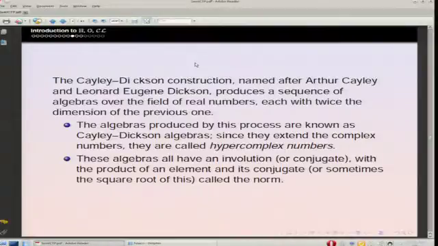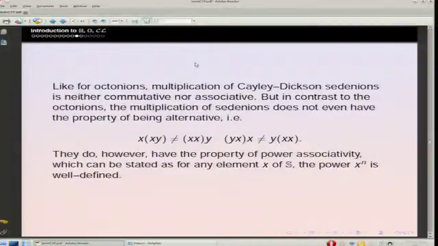They all have the notion of conjugation and norm, which we already introduced for the complex numbers, which allows you to have a metric structure. But unfortunately, the octonions are not associative, as I said, and not even commutative. So in the Cayley numbers, you are not allowed to use the associativity of the product, nor the commutativity.